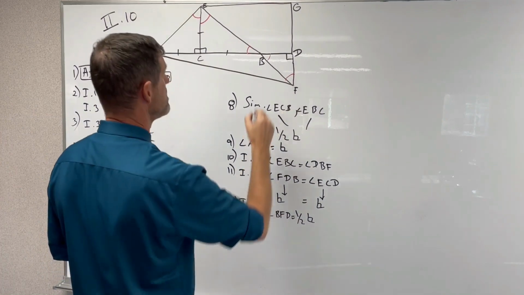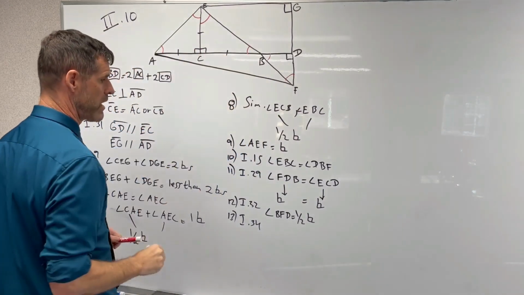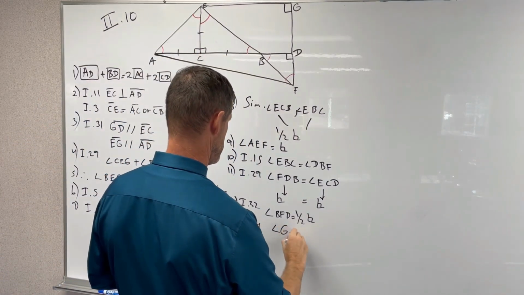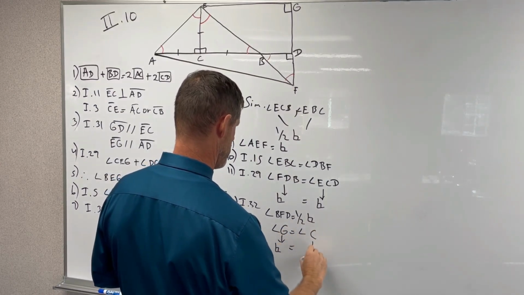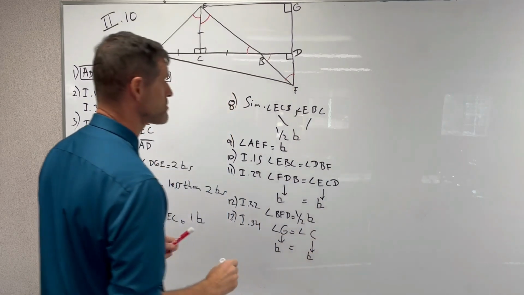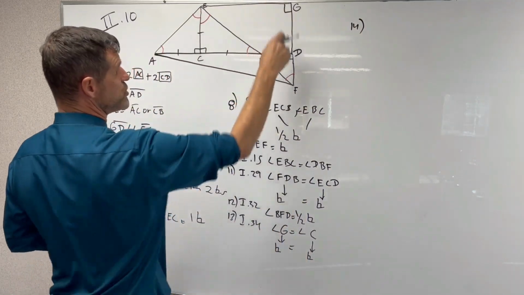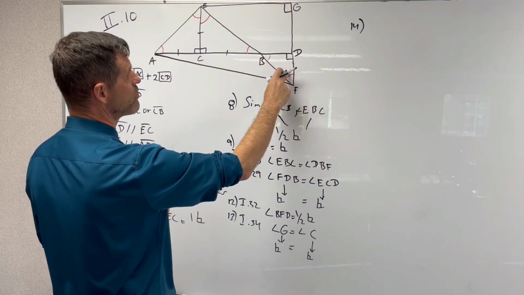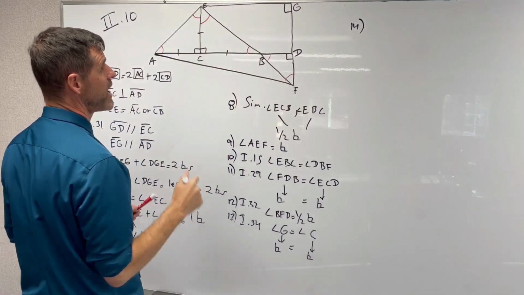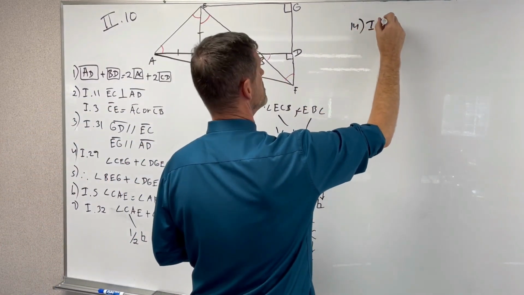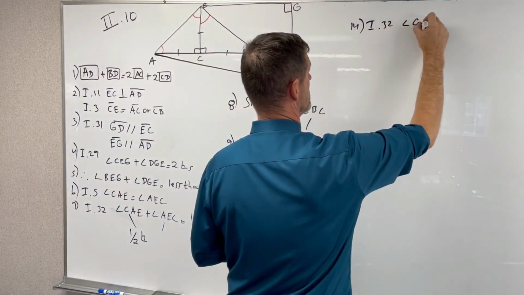Therefore, angle G equals angle C, and they are both right angles. But we know in the triangle EGF, this angle down here was equal to half of a right, and since that is a right angle, then by Proposition 32, we know that angle GEF is half of a right.